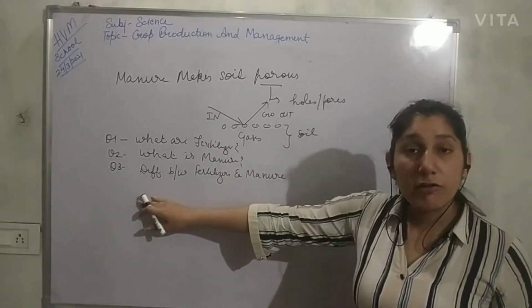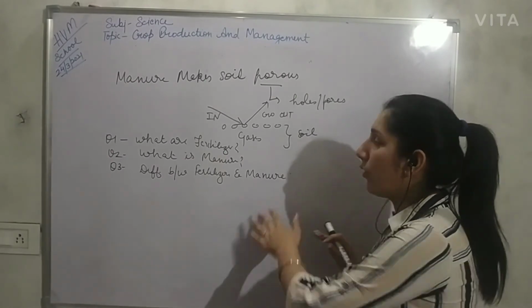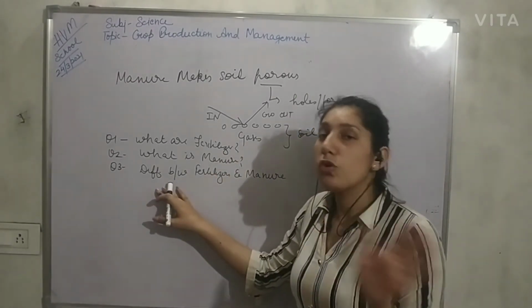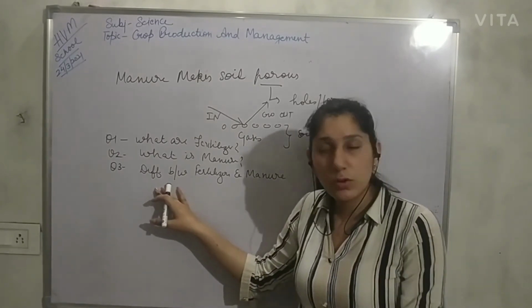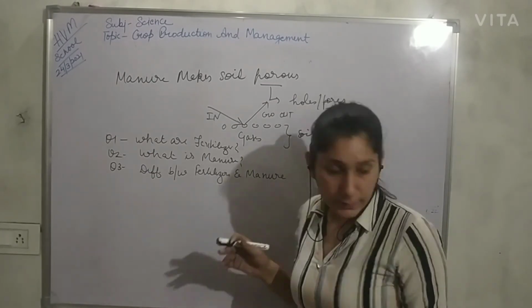Fertilizers are rich in NPK, nitrogen, phosphorus and potassium. Manure is less rich in NPK. Fertilizers do not provide humus content to the soil, but manure provides humus content to the soil.